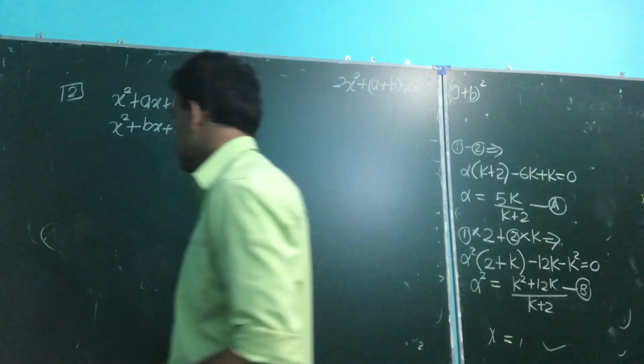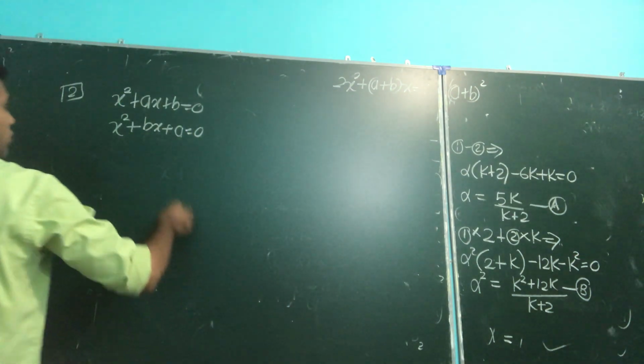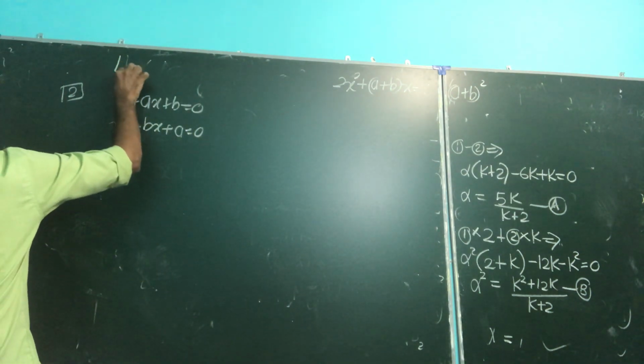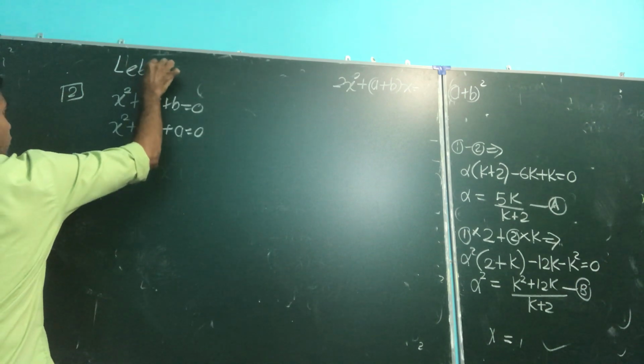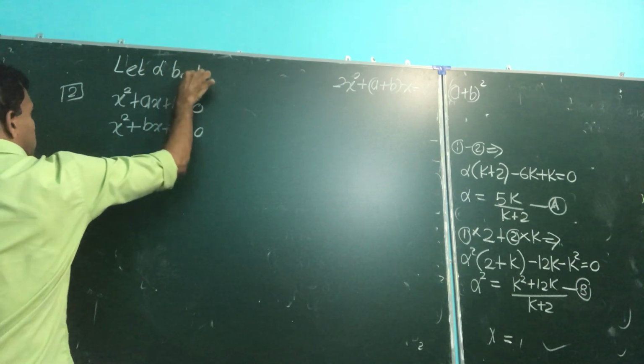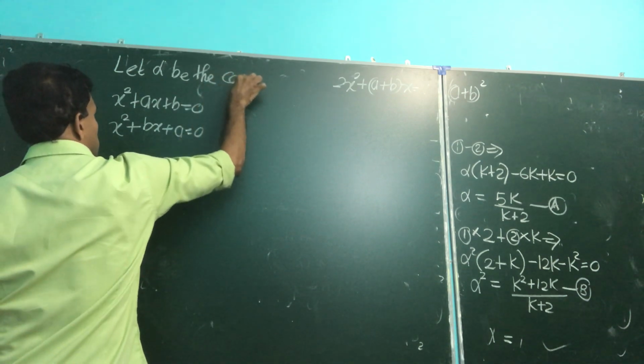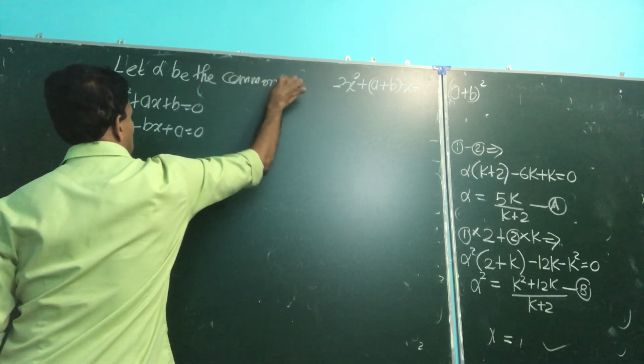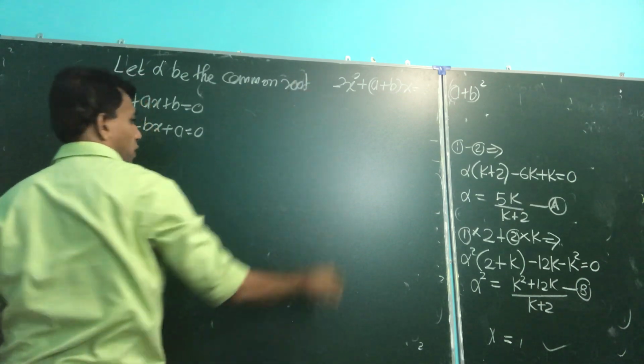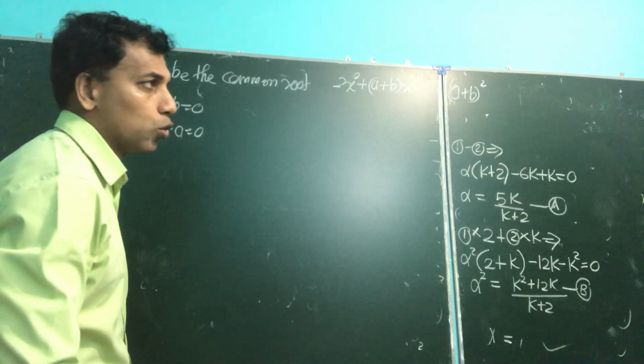So here we say as usual method, let alpha be the common root. Alpha is the common root.